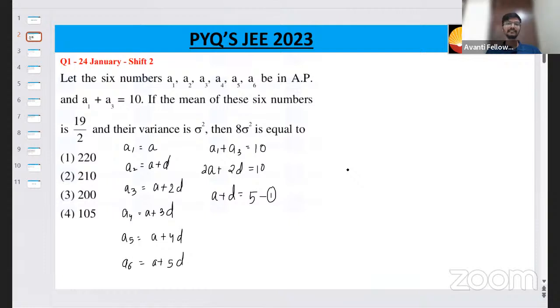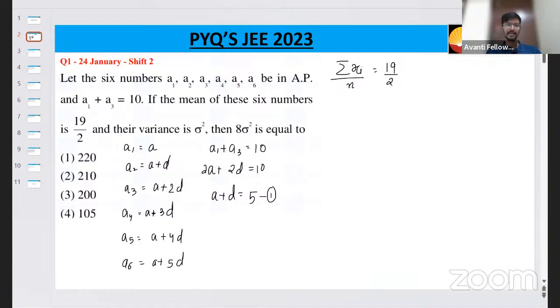If the mean of these six numbers is 19 by 2. So mean is summation xi upon n, given as 19 by 2. How many observations do we have, guys? 6.